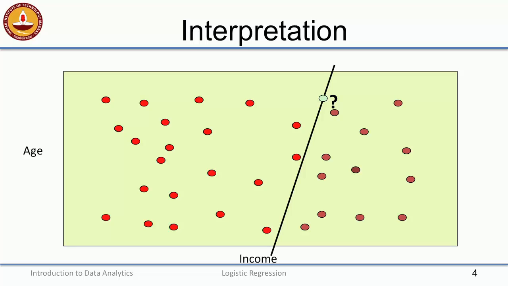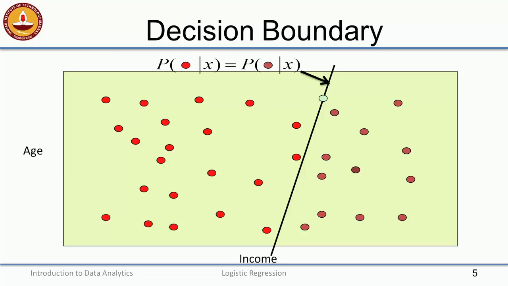One way of thinking about it is to say that this decision surface denotes all the data points for which the probability of it being red is equal to the probability of it being brown. This essentially means that for the points on the decision boundary, you are not able to make a decision as to whether he will buy a computer or not.